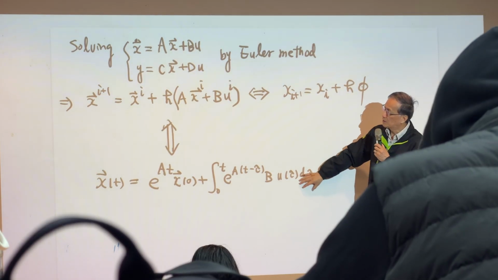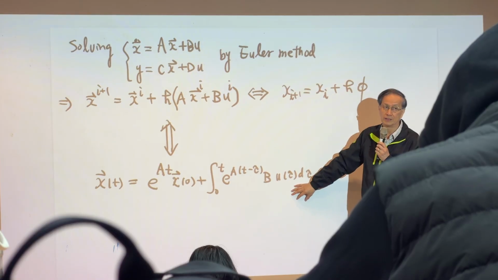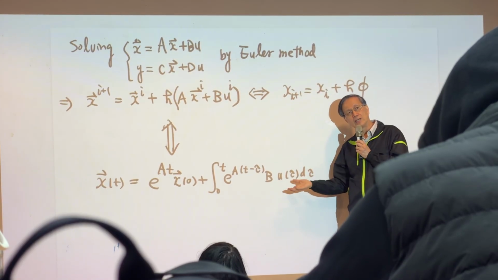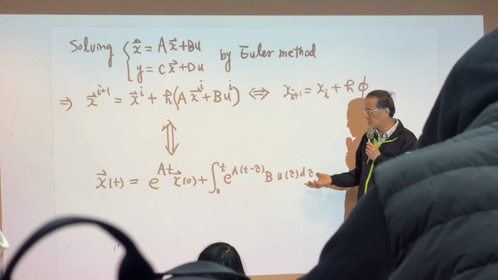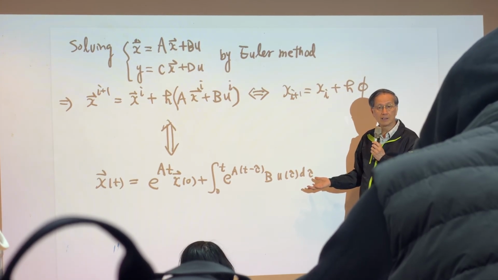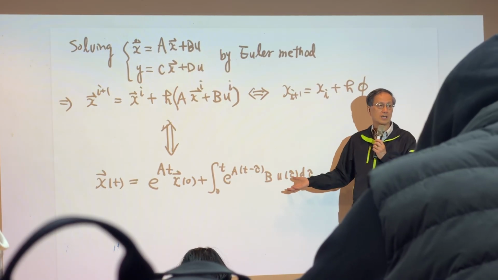Now, if we look at this equation, if you are to solve it analytically, not by numerical method, this is the solution. It takes time to derive it, so I just give you the answer.